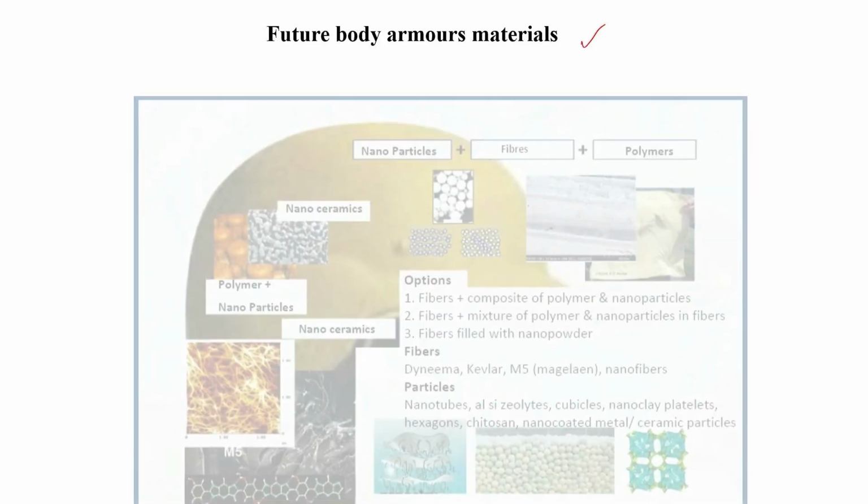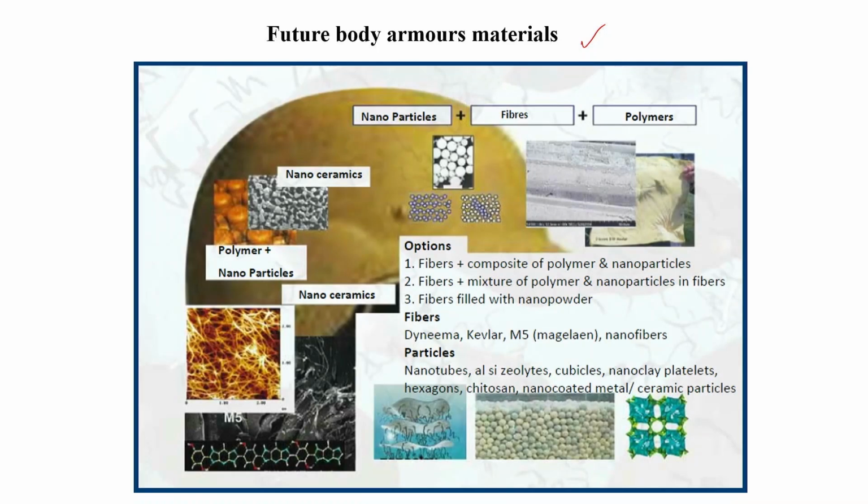Now, if we look at future body armor materials, there are some options. All these materials we can use for future body armors. Nano ceramics we can use, and nanoparticle embedded fibers. So polymer, nanoparticles and fibers, that composite we can make here.